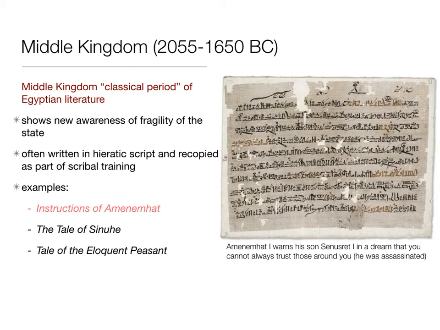the writing. So, there's a piece of literature called The Instructions of Amenemhet, where he talks to his son Senusret and reflects on a dream that he had, that you need to be careful of your viziers, your overseers. People may be disloyal to you, and he'd lived through assassinations and these sorts of things.